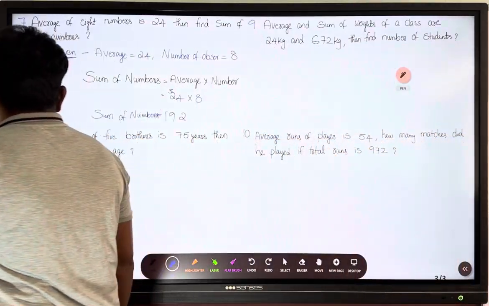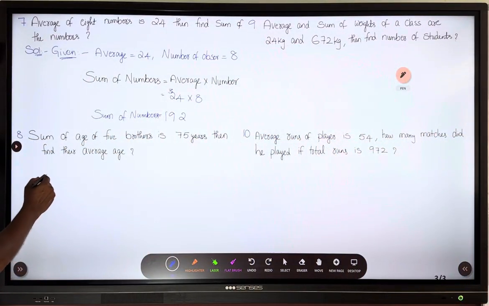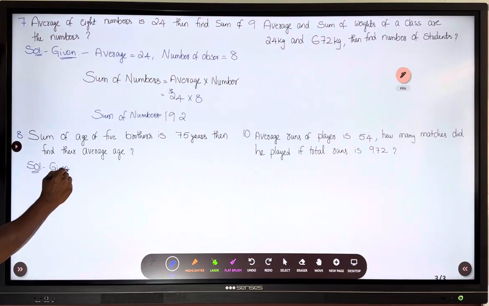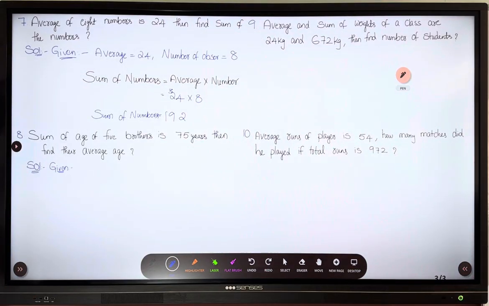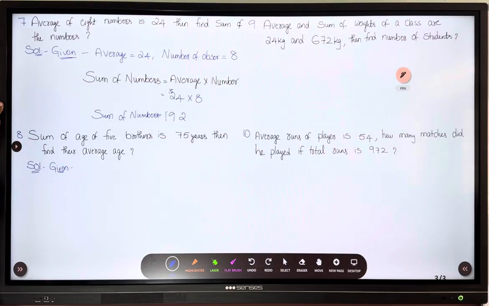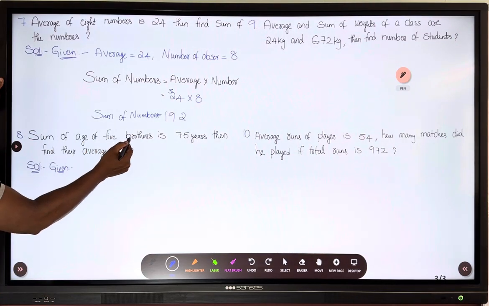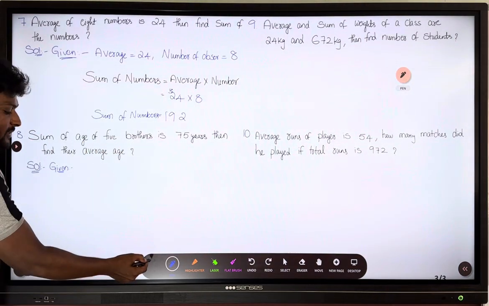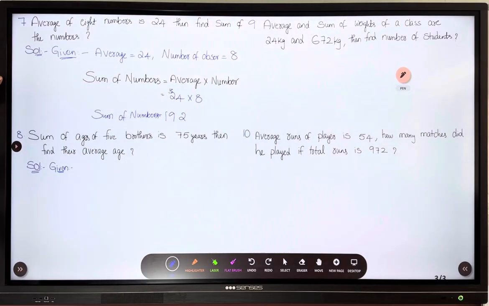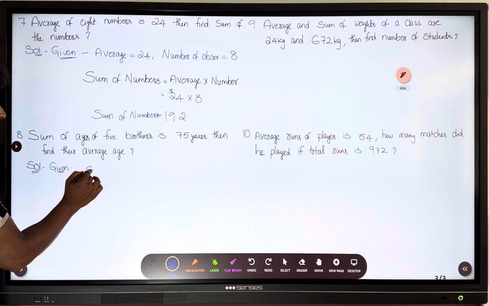So let's see the 8th question. What are they asking in the 8th question? What they have given: sum of ages of 5 brothers is 75 years. So they have already found their sum and given it.